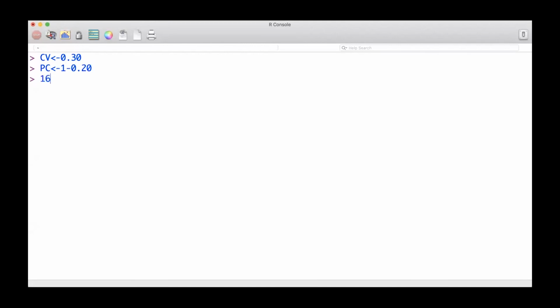Then our sample size is given by 16 times the CV quantity squared divided by the log of that PC quantity squared. So we get 28.92. In other words, we would want 29 observations in this particular case.